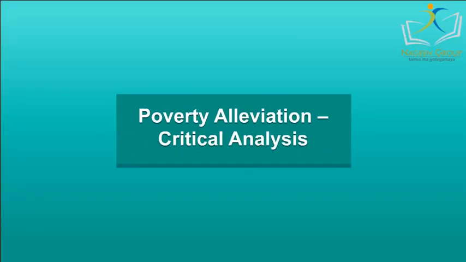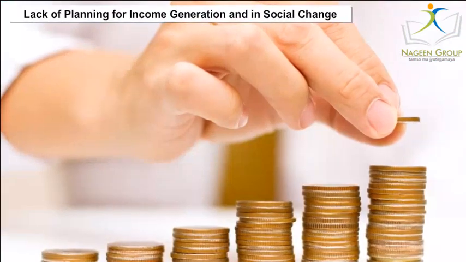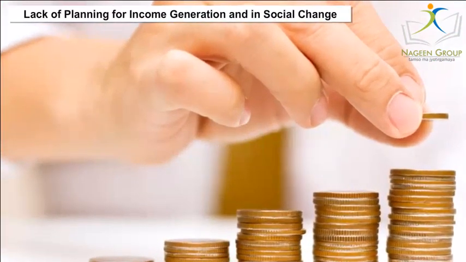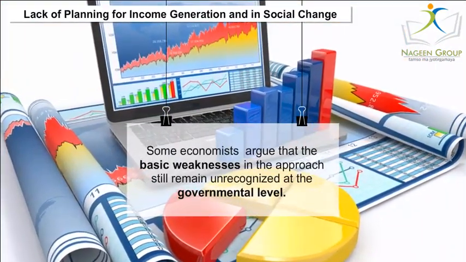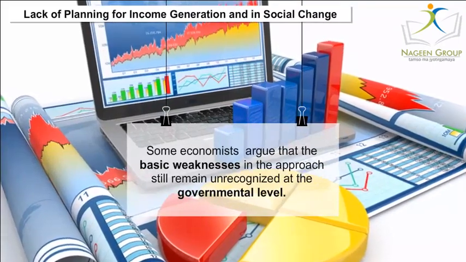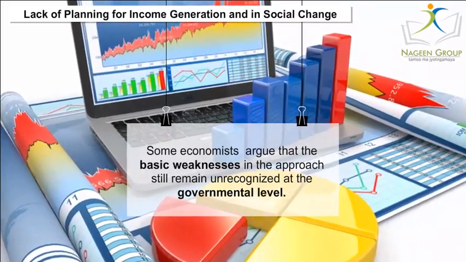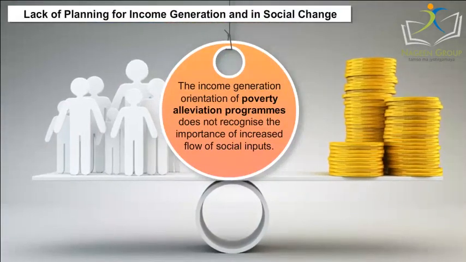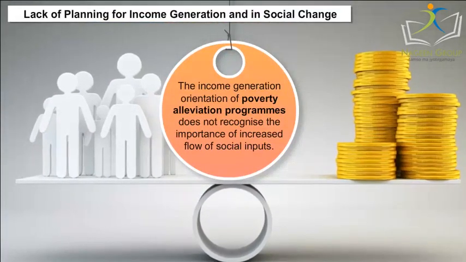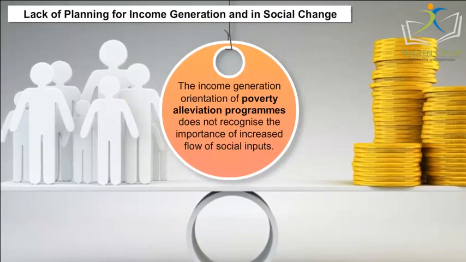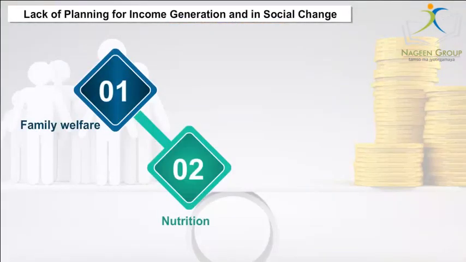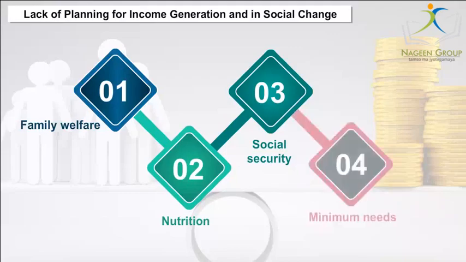Poverty alleviation, critical analysis. Lack of planning for income generation and in social change. Some economists argue that the basic weaknesses in the approach still remain unrecognized at the governmental level. The income generation orientation of poverty alleviation programs does not recognize the importance of an increased flow of social inputs through family welfare, nutrition, social security, and minimum needs programs on a long-term basis.